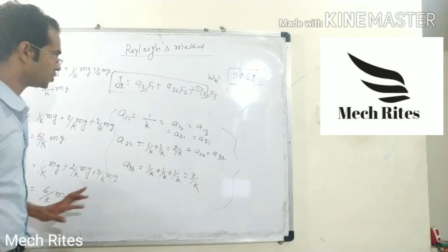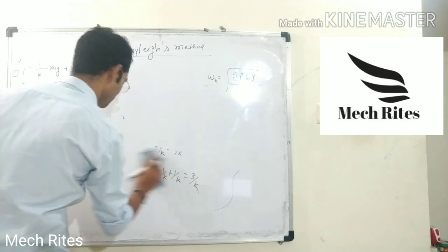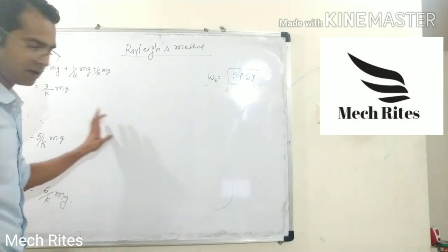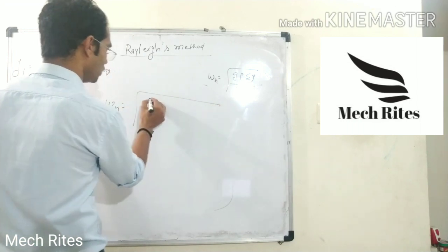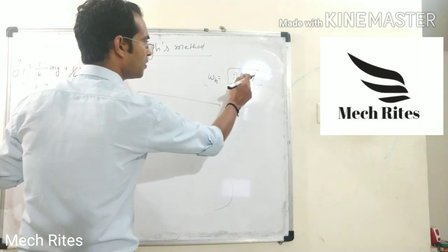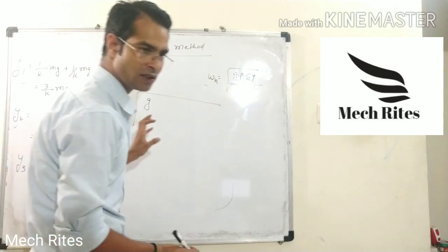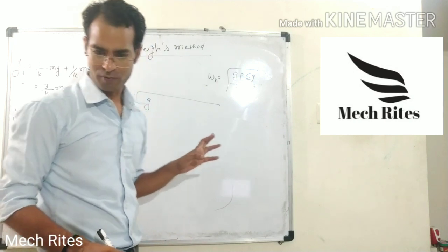Now solve the question. Now I will put the value directly in the formula. So let us see. Omega n will be under root g, summation of p y, or you may say p summation of y, is your formula.